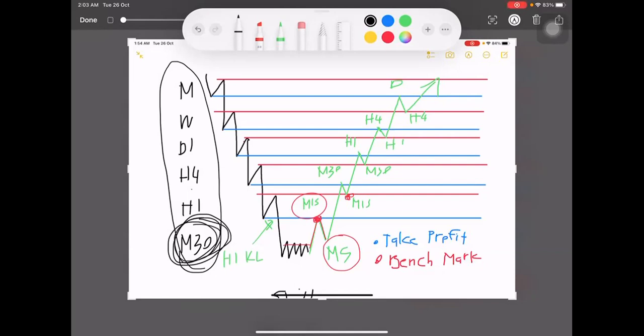From the weekly level, price goes up to the monthly level. On the monthly level, we look for a setup on the daily, and the stopper for that is the weekly. When price comes back to the weekly level, we look for a setup on H4, and the price goes up to the monthly level.